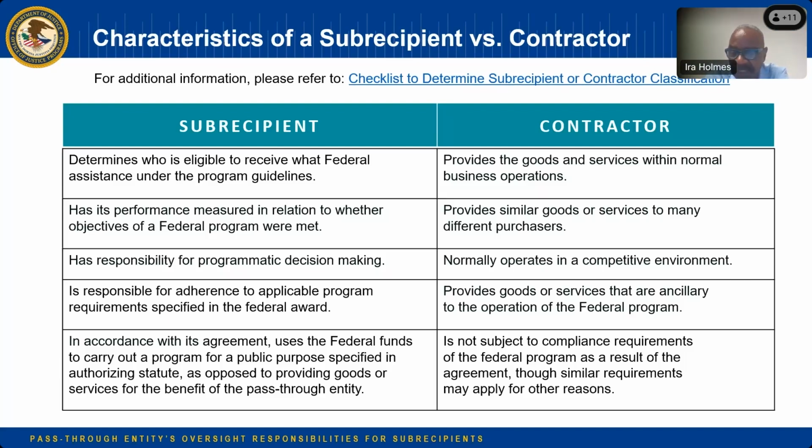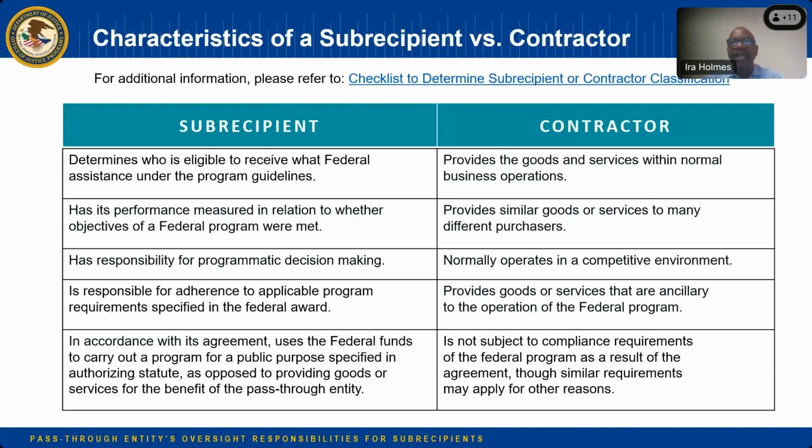A contractor provides goods and services that are ancillary to the operation of the program. So it's not just what they're doing for your program or for the federal program that they're involved with. They're in business to provide that good or that service to, as it says up above, many different purchasers. And a contractor is not subject to compliance requirements of the federal program.